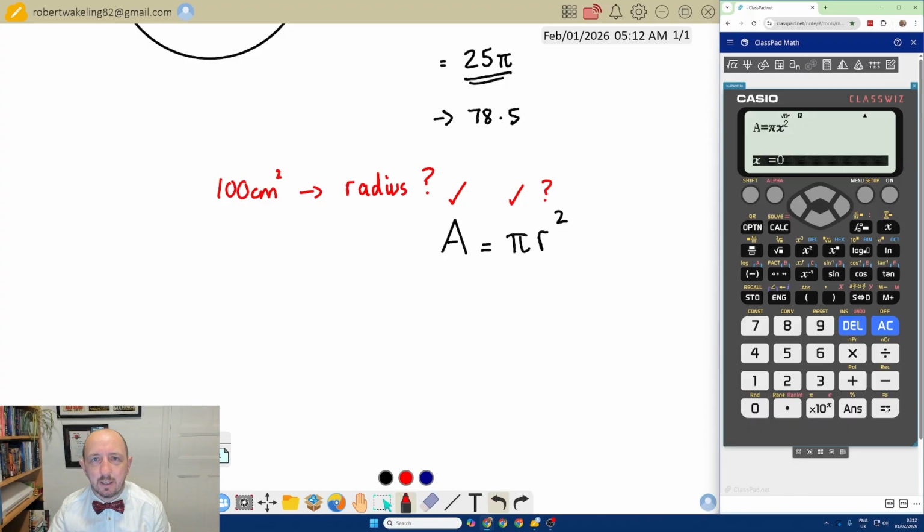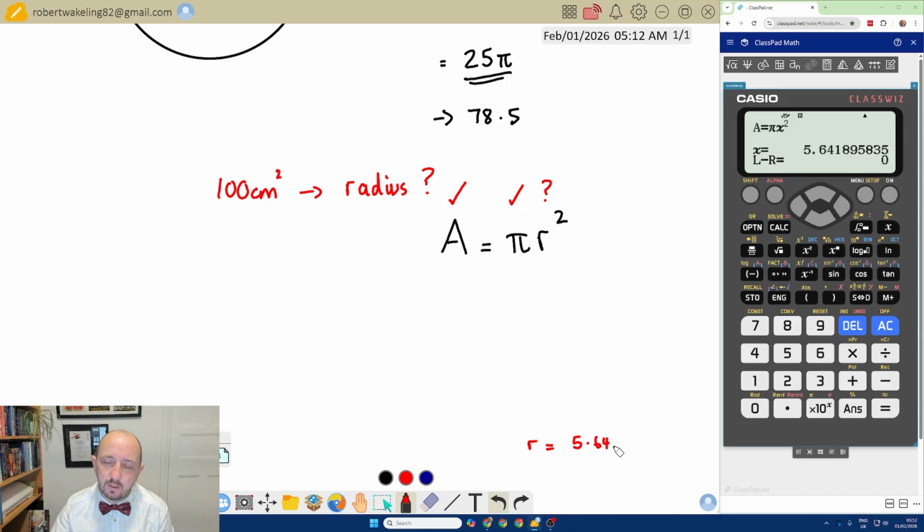We can just go ahead and press equals. And the calculator gives us 5.64. So I'm going to put the answer here as 5.64 centimeters for our radius. I've rounded that to 3 significant figures, which is a common rounding. And then we can go ahead and do our working out and see if we can get this 5.64, which the calculator's told us is the answer.